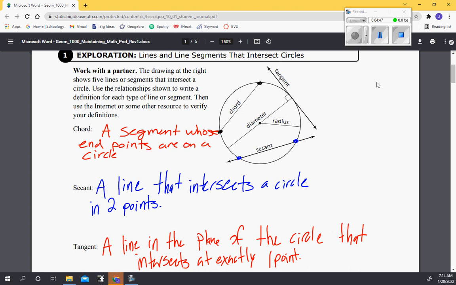If you look at our figure, it intersects right there. Okay.